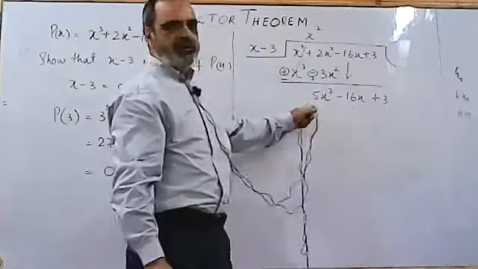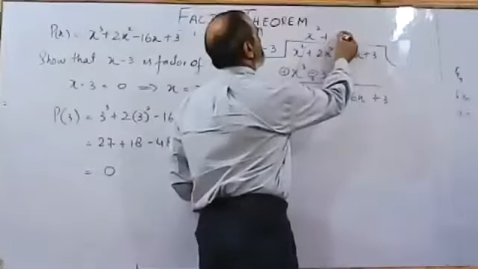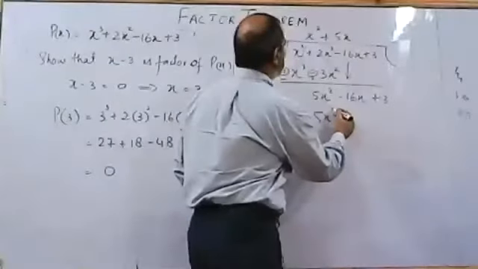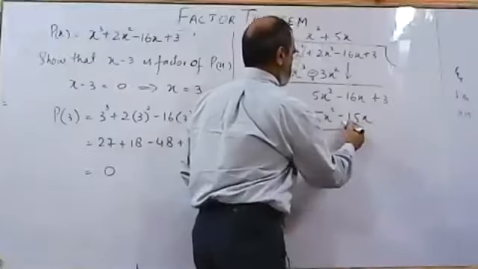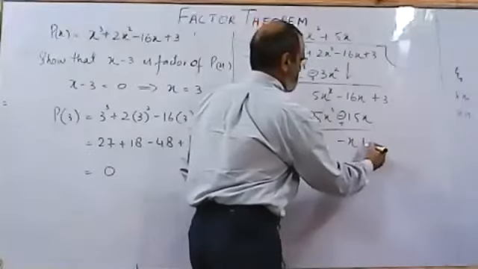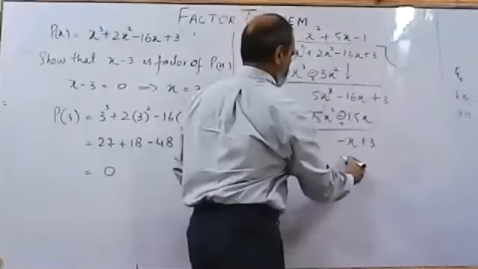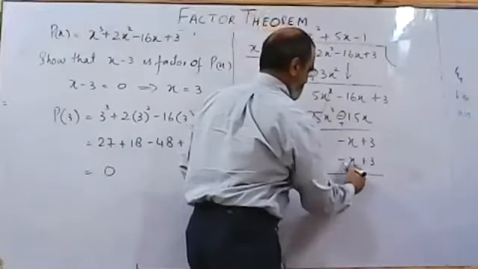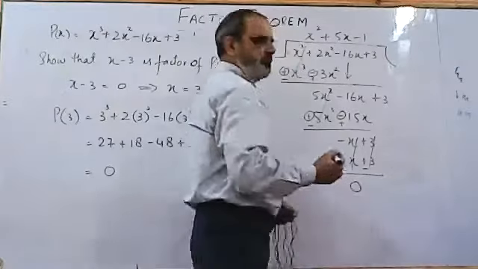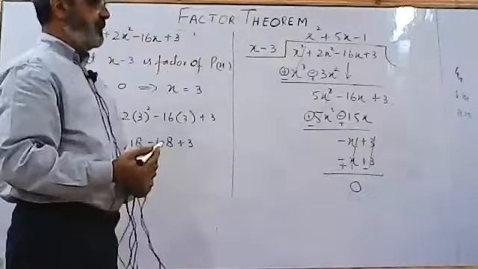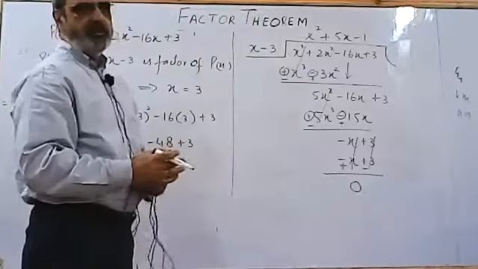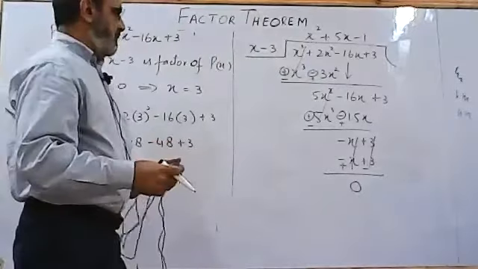Again, dividing the first term 5x square by x, I get 5x. Multiplying 5x with x minus 3. Again, the remainder is 0. So which proves that x minus 3 is a factor of the given polynomial x cube plus 2x square minus 16x plus 3.